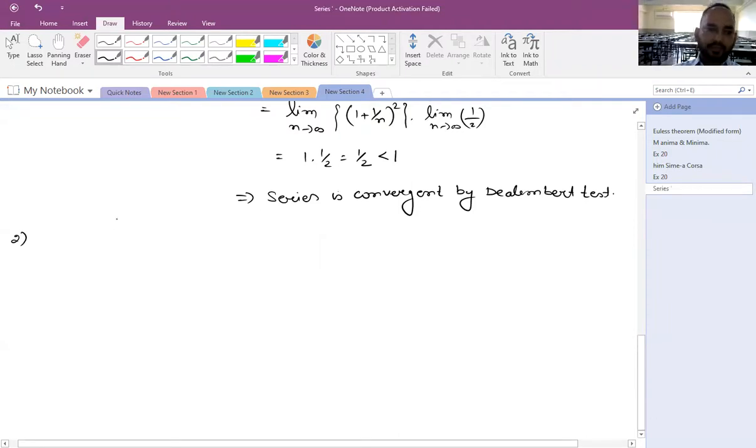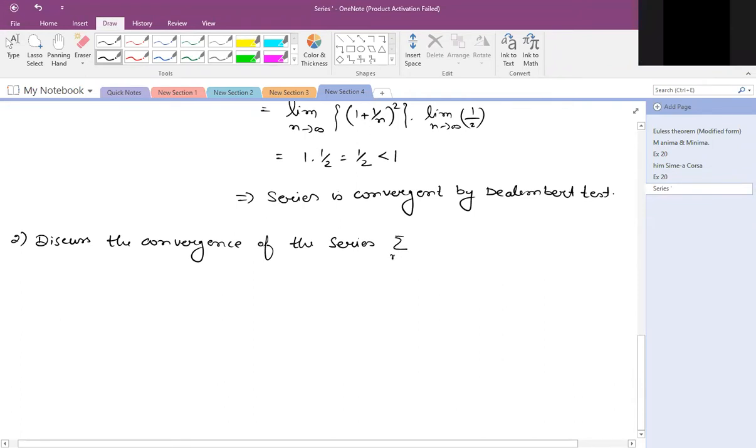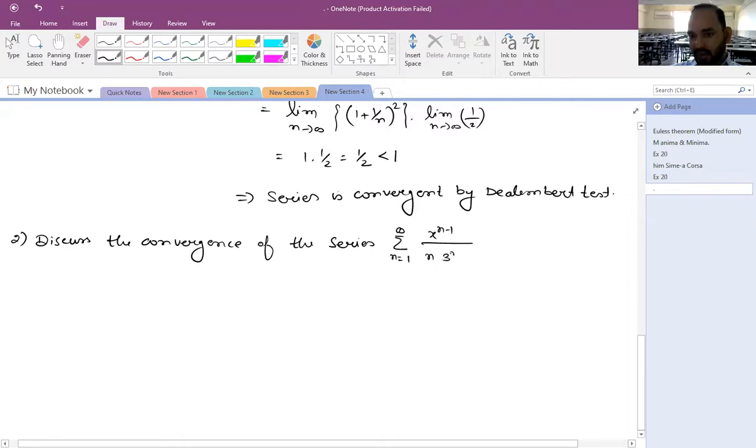Please, someone narrate. Discuss the convergence of the series summation n equals 1 to infinity of x raised to n minus 1 upon n into 3 raised to n.